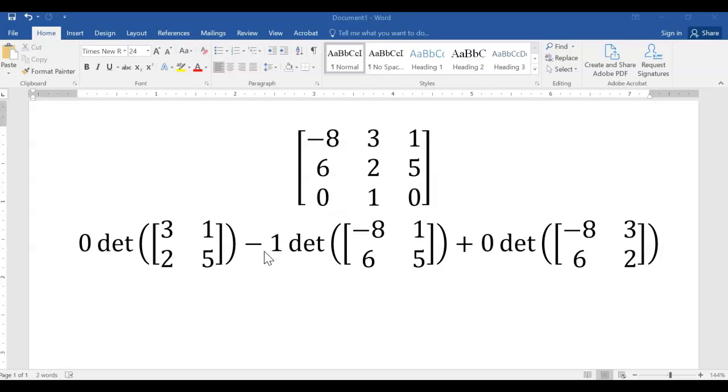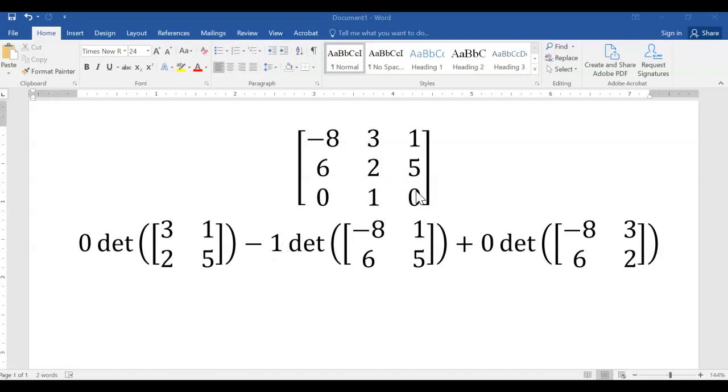So I'm going to get a negative, a minus 1, times the determinant of its submatrix. Again, in order to find the submatrix, eliminate the row and the column that the number 1 is in.